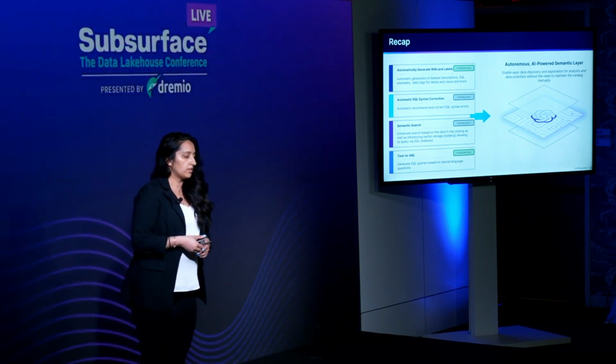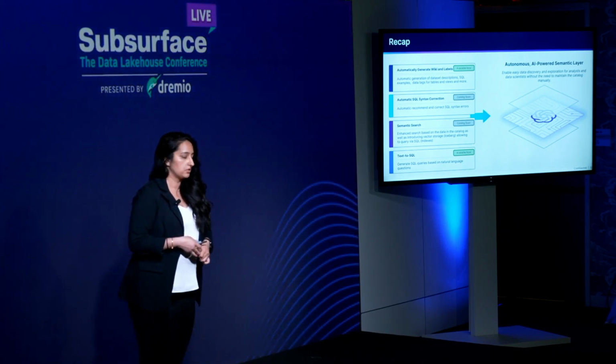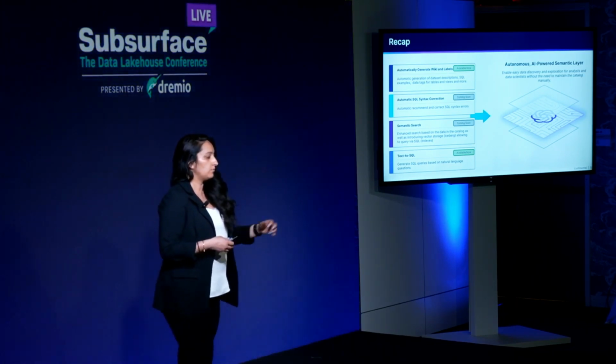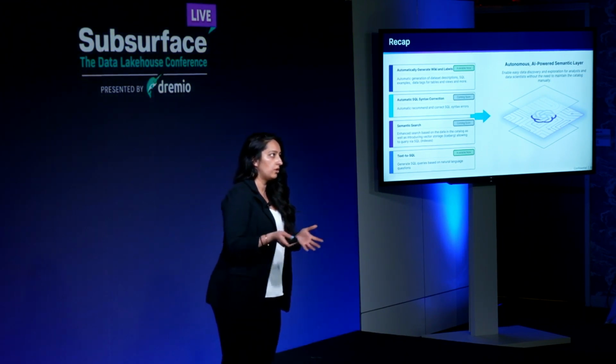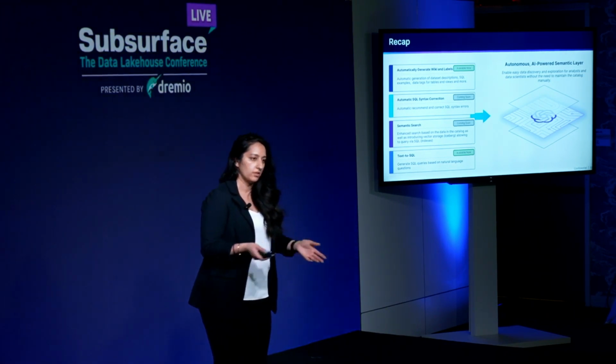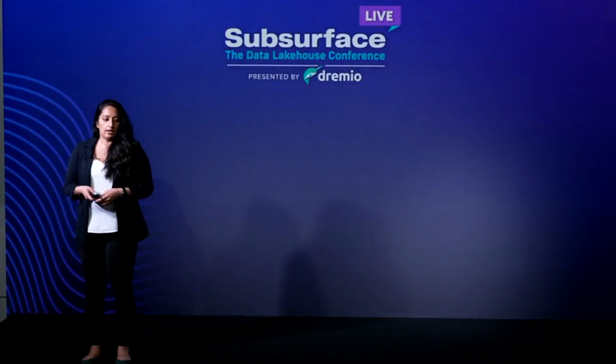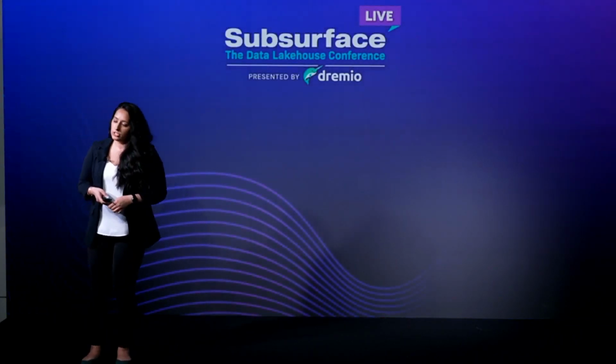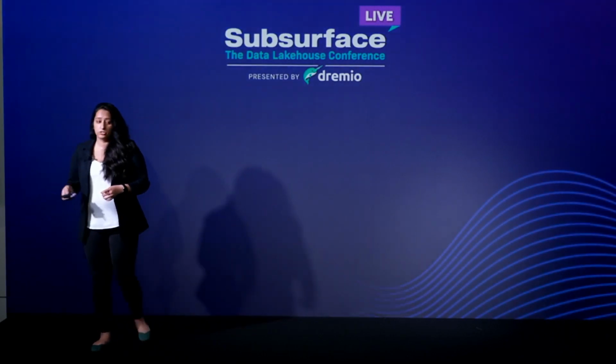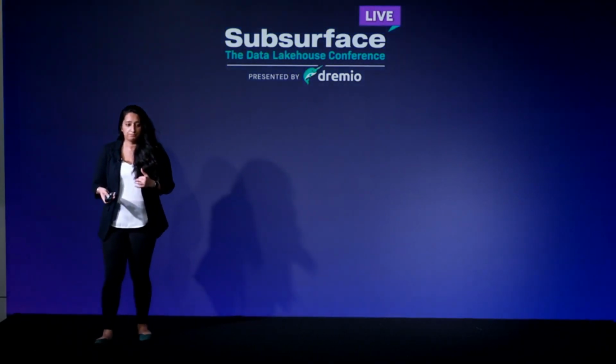And of the different features and experiences we've talked about today, two of them, text-to-SQL and generating wikis and labels, are available today in Dremio. And our semantic search and automatic syntax correction are coming really soon.